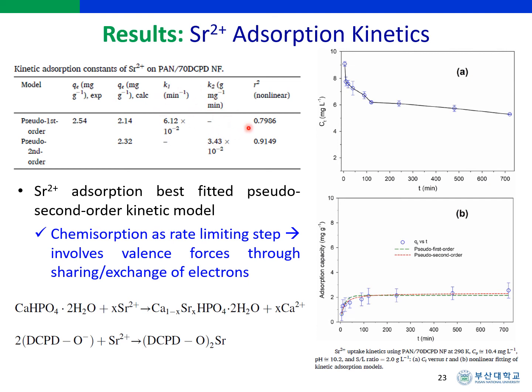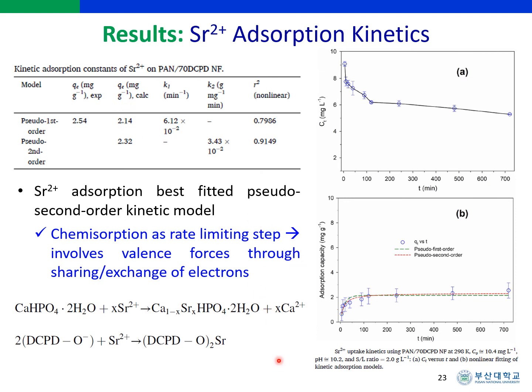Nonetheless, the adsorption of strontium by the composite nanofiber better fitted the pseudo-second order model, as depicted in this figure. This is supported by a larger correlation coefficient, R squared here, and a narrower difference between the experimental and the calculated adsorption capacities.